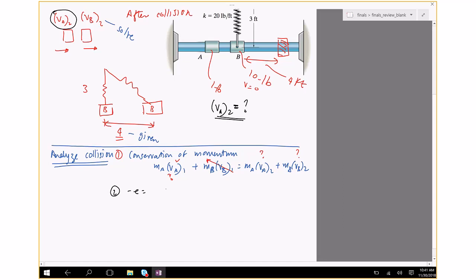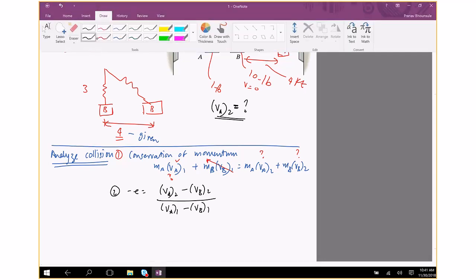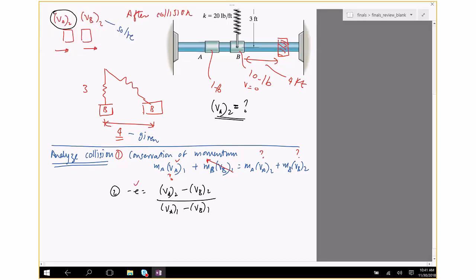Velocity of separation is VA2 minus VB2, divided by VA1 minus VB1. In this equation, we do know E, and we do know VB1, which is 0. So we have 3 unknowns in the first equation and 3 unknowns in the second equation.